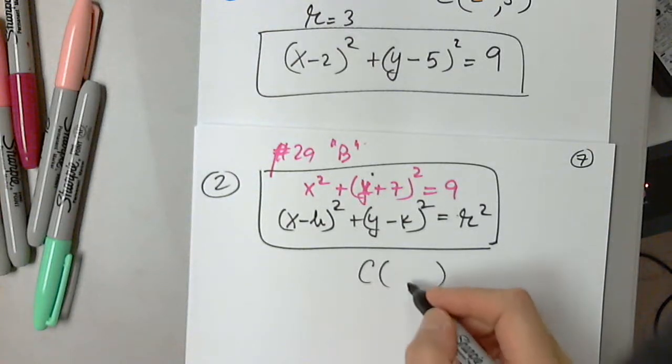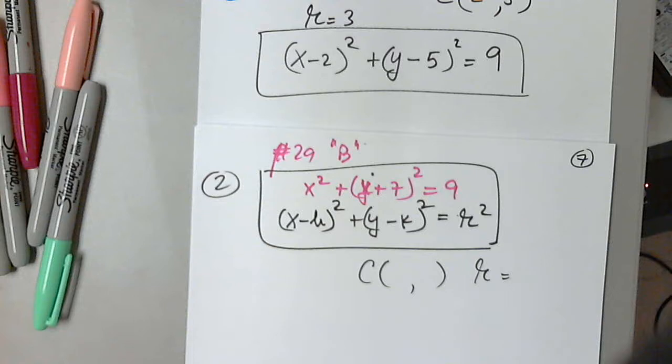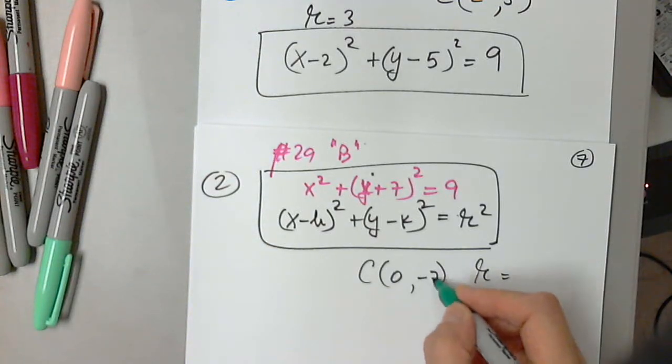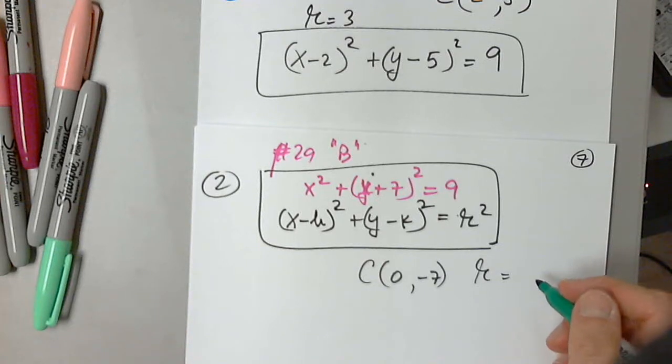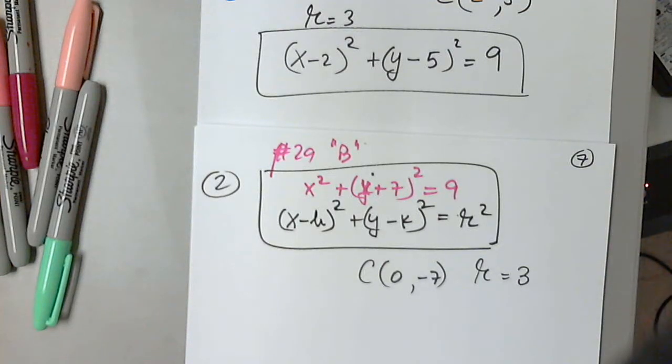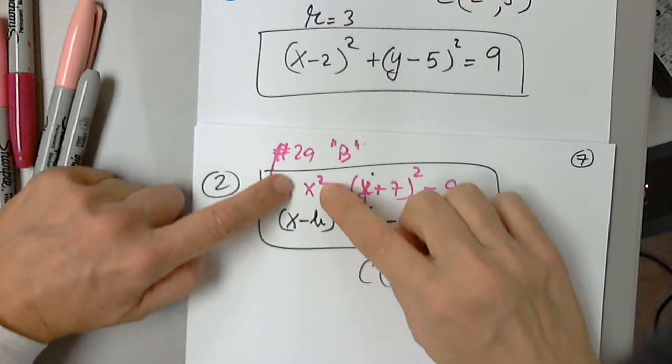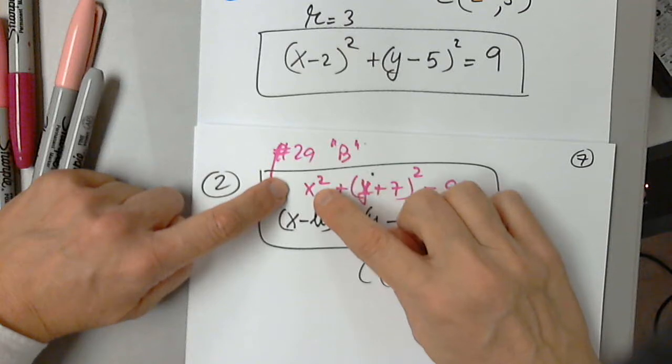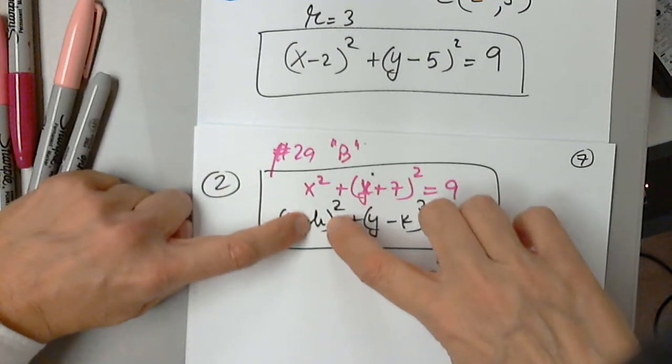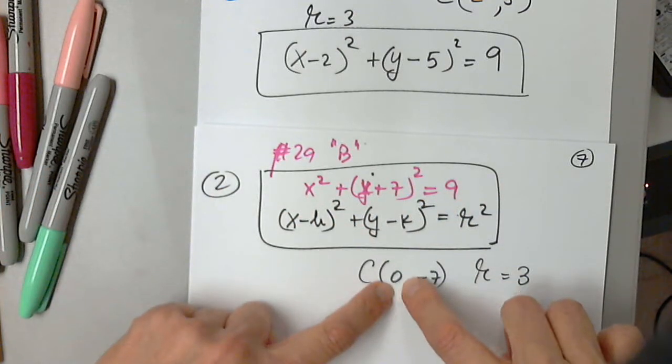So what is the center and what is the radius? 0 and -7, excellent. And the radius? Very good. So let's make sure that everyone understands this, right? See, there is nothing subtracted from x. It's like x minus 0 squared. Therefore, h is 0.